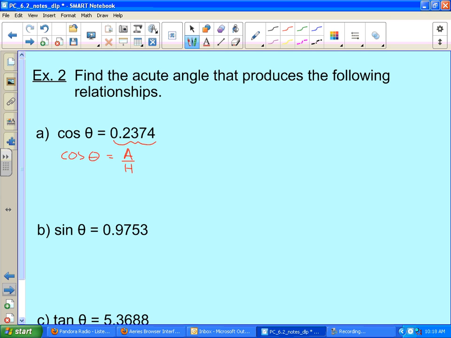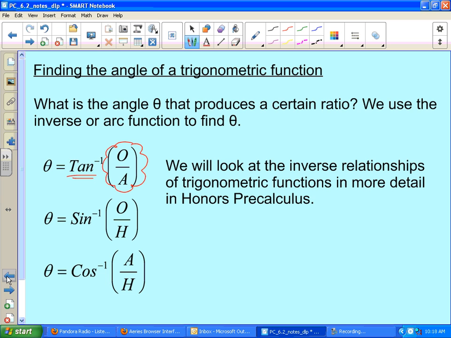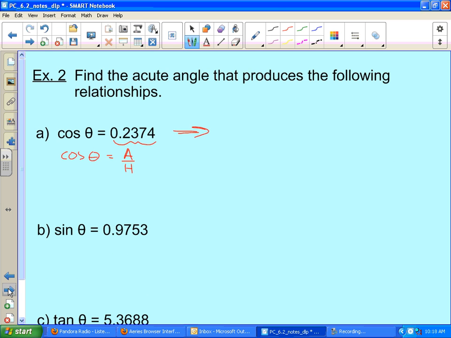So now I'm going to take the inverse cosine. And this time, I'm not putting the angle after it because I'm looking for an angle. I'm actually going to put the ratio after it. We know our ratio is a decimal value, so I don't need to write it as a fraction, though I could. So inverse cosine of 0.2374, and then you're going to find out what theta is.